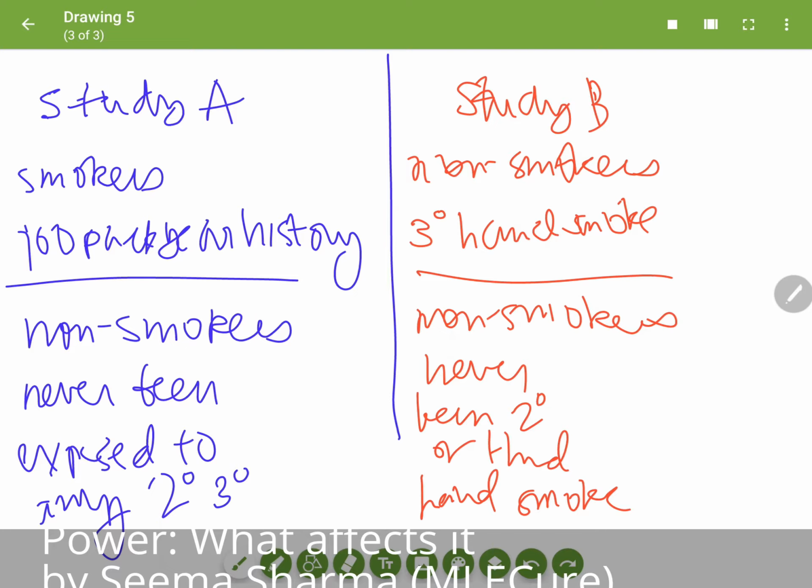So just by looking at these two studies, study A is going to have a greater magnitude of measurable differences between the outcomes of these two groups. That's just how it is compared to study B. And therefore, you could just tell by looking at this that study A is going to have a greater power because of that.